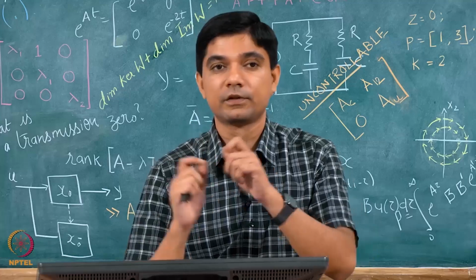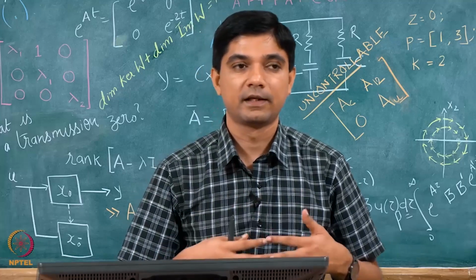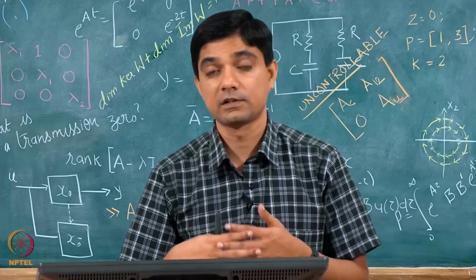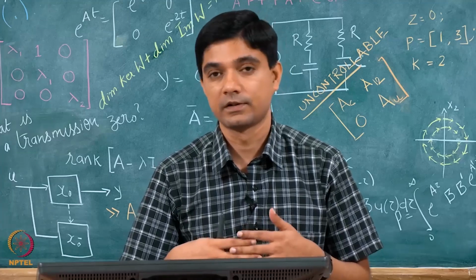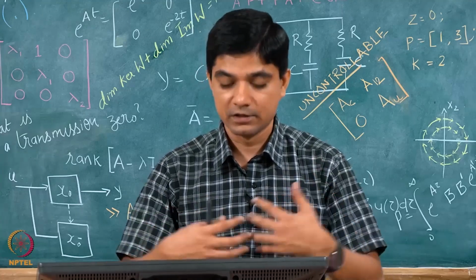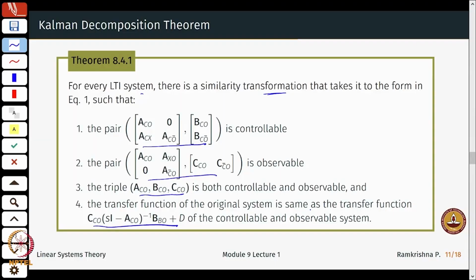Similarly, if I do it for the observable decomposition, I get the relation that the transfer function of the system is only the transfer function of its observable part. Now, if I combine these two, I get this result that the transfer function of the system is the transfer function of both the controllable and the observable system. That is what we get here, right, from this triple here. Okay. So, that is kind of nice.